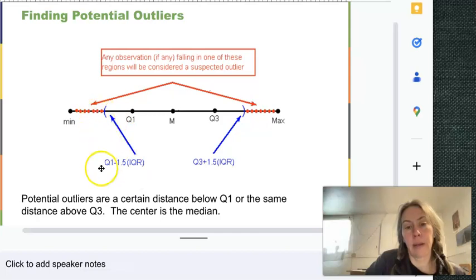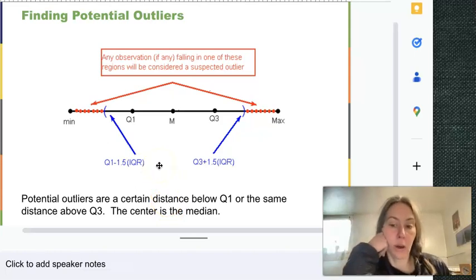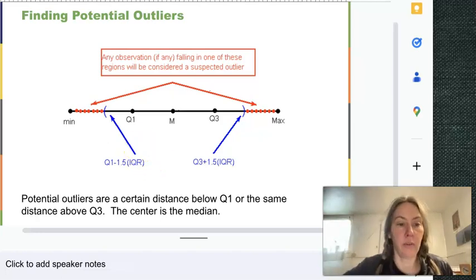There's also suspected outliers below Q1 minus 1.5 times the IQR. Now, if you have a suspected outlier, I don't actually know what would make it a definitive outlier. So we'll just have to leave that question to be answered at some point in the future.